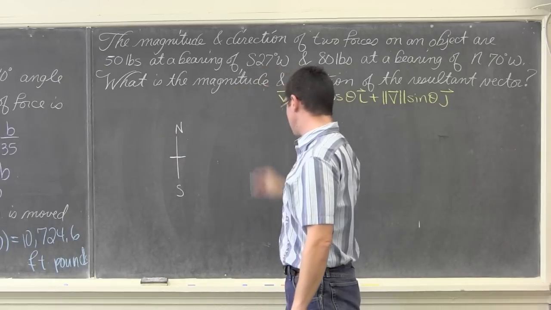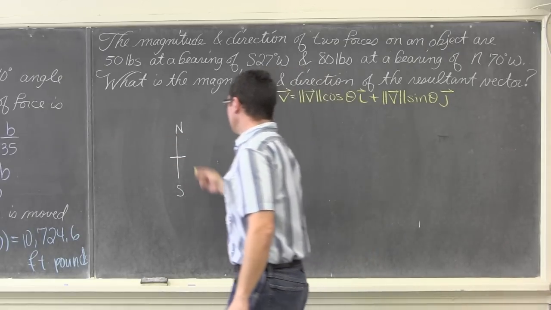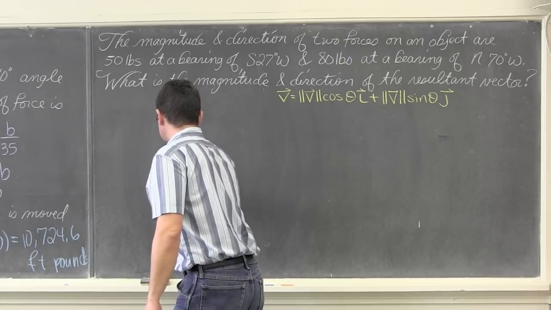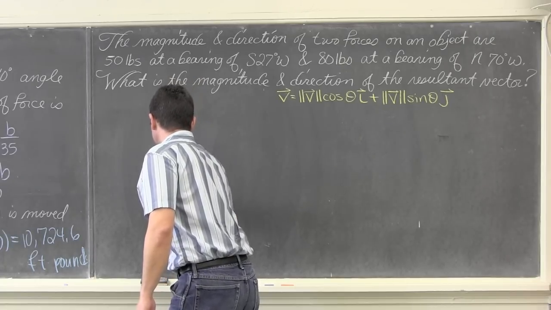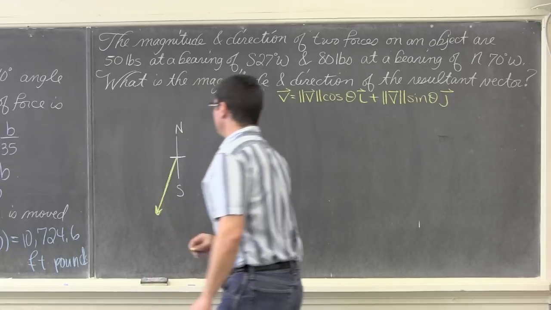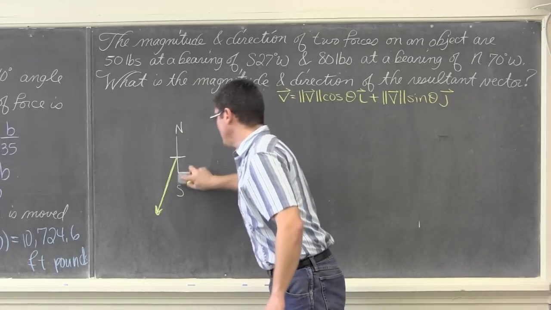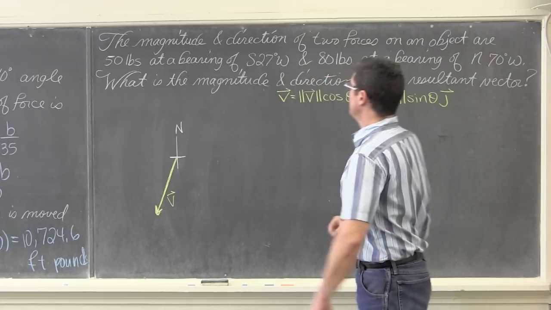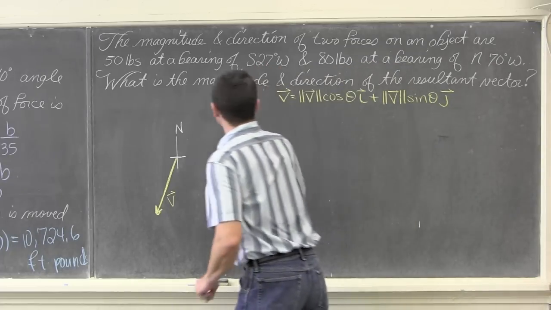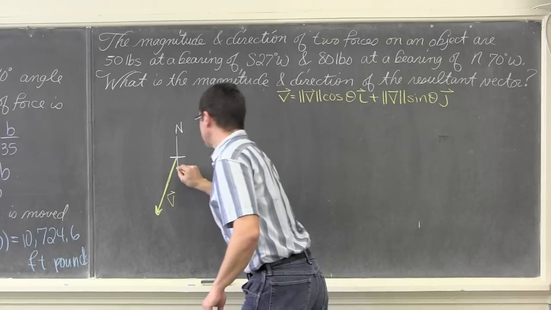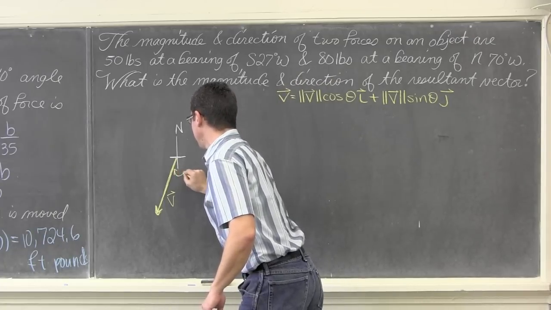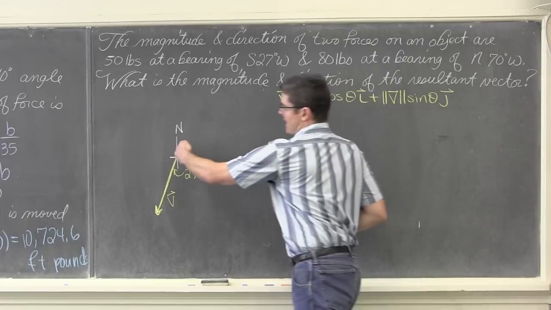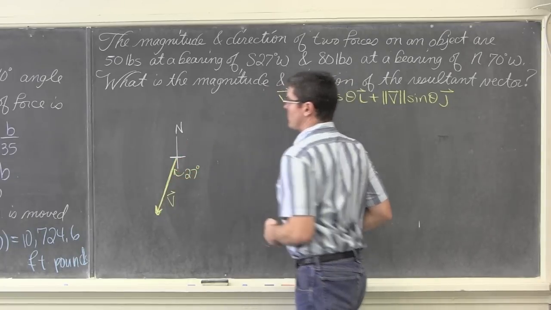We're going to do that by 27 degrees, so let's take a look at maybe drawing it something like this. Now that's going to be vector V. It is south 27 degrees west. So there's a little angle in here of 27 degrees.